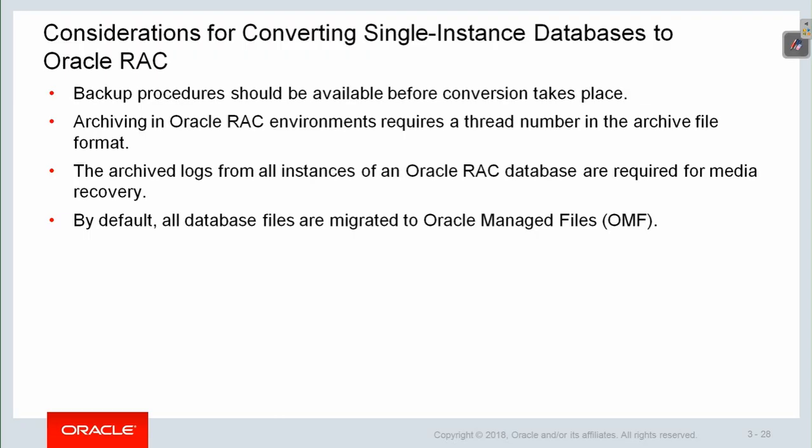And also when you convert single instance database to RAC database, we need multiple threads, and that should be part of your consideration. And archive log file must include the %R, %T, %S additional information. And also, by default, all files are migrated to OMF. So that's what you should be aware of.